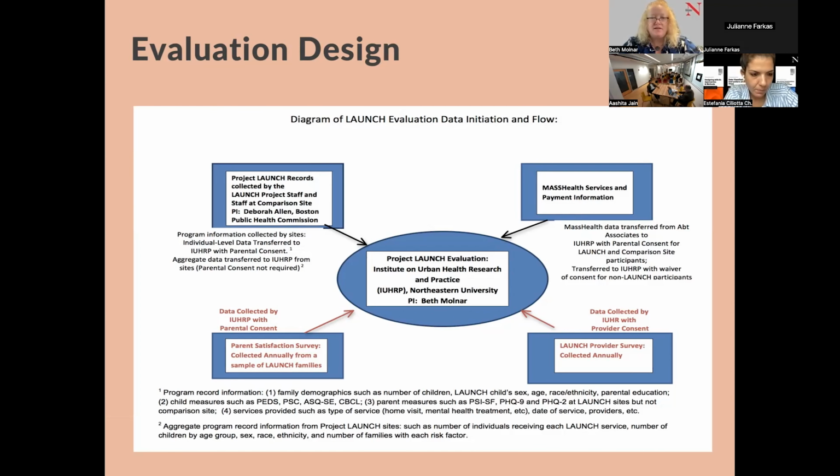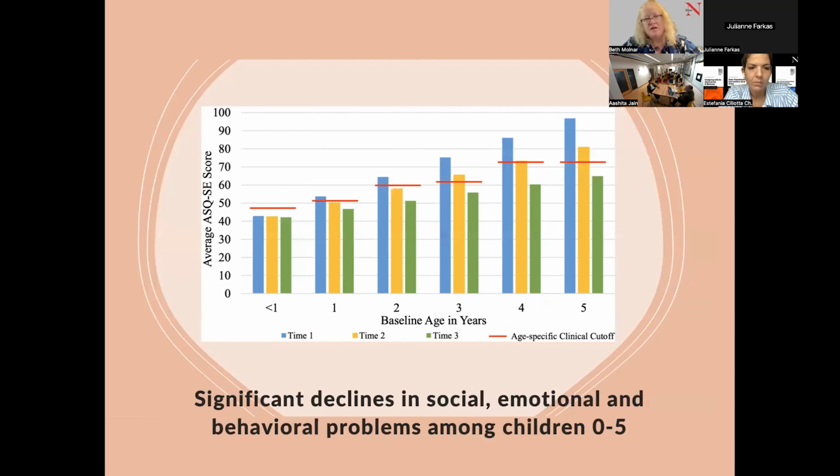And we can go to the next slide. So we saw, over a year of follow-up, some really significant declines in the scores shown here. We also had some other results on the children 6 to 8. But you can see here that in the blue bars, which is the baseline, with age in years across the x-axis, all the blue lines are above what we call the clinical cutoff at baseline, except for the infants.